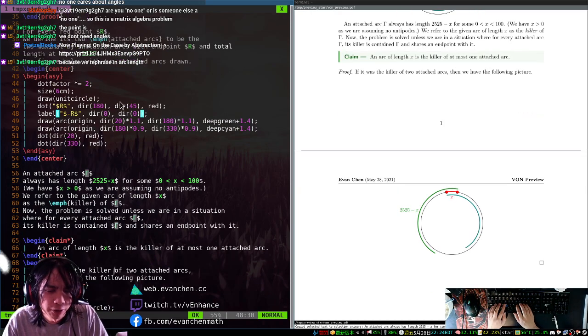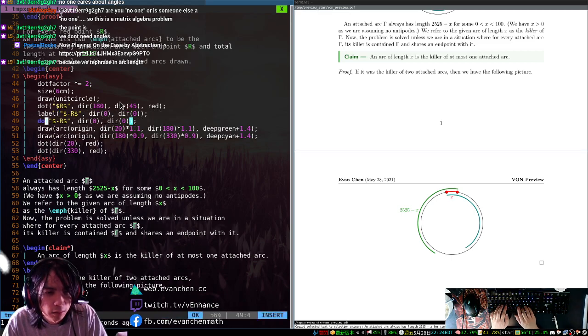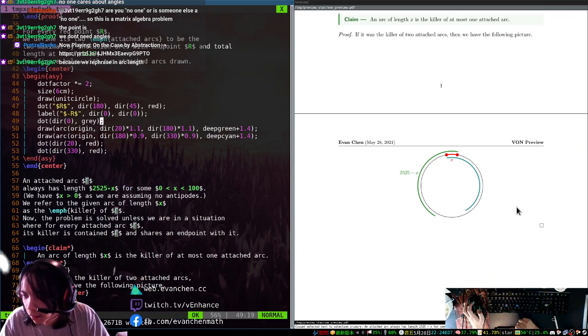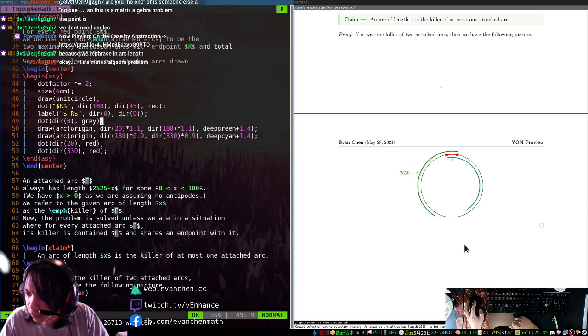Maybe we can dot it black actually. That might be clearer. Okay, so I thought that means this is 25 minus 2x. Yeah, so this is a diameter, right?